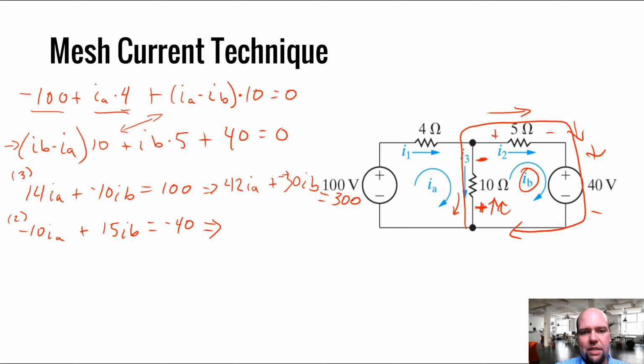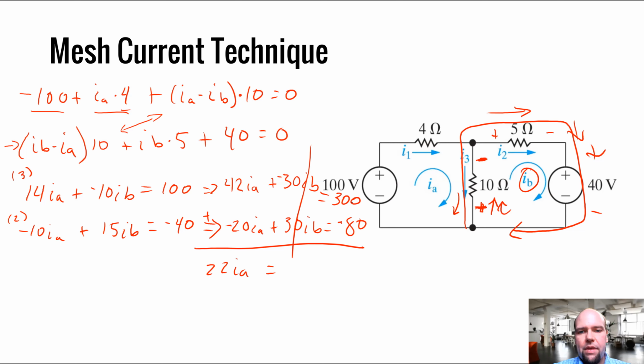I kind of messed this up, didn't leave myself enough space here. And then this equation multiplied by a 2, I get negative 20 IA plus 30 IB equals negative 80. And then you know me, I add these things together. So when I add these together, I get 42 IA and negative 20 IA, that's going to be 22 IA, and that equals 300 plus negative 80, that's going to be 220.